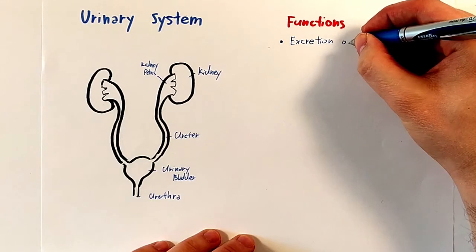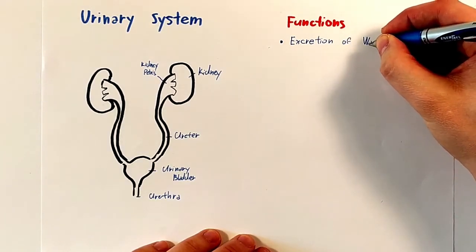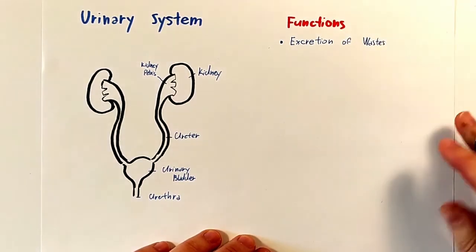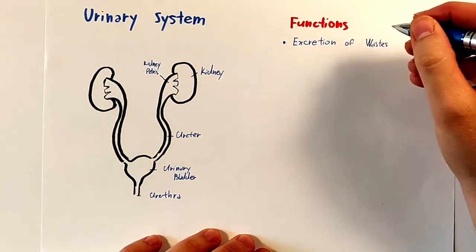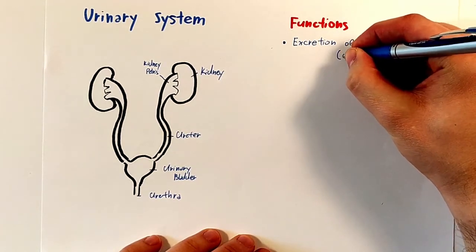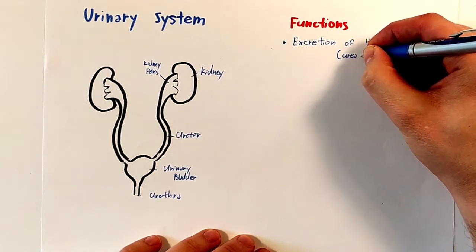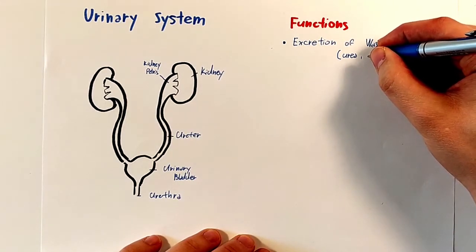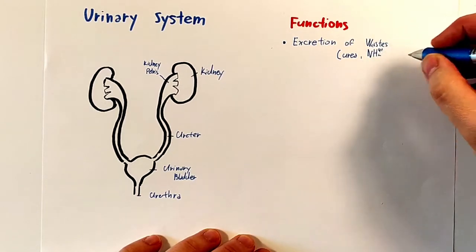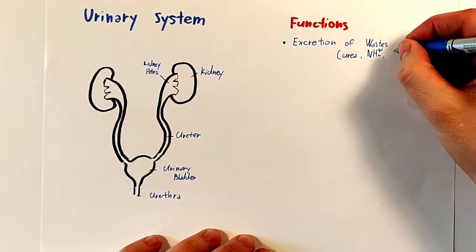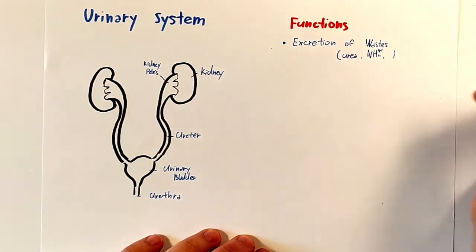There are many compounds that the kidneys take care of and excrete, but most importantly for the exam, it would be the nitrogenous compounds. That means urea, ammonia, and so on, and many others.